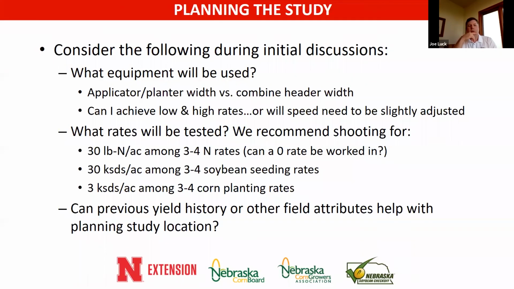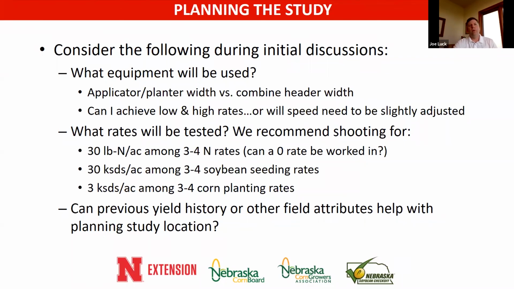Some of the questions that always come up: you have to really think about whether you are using a planter to do the study, or some type of nitrogen applicator, liquid, whatever. The first thing you have to think about is, how are you going to set that study up? What's my harvester or my combine header going to look like at the end of the year? It seems kind of trivial, but it can get to be pretty challenging.